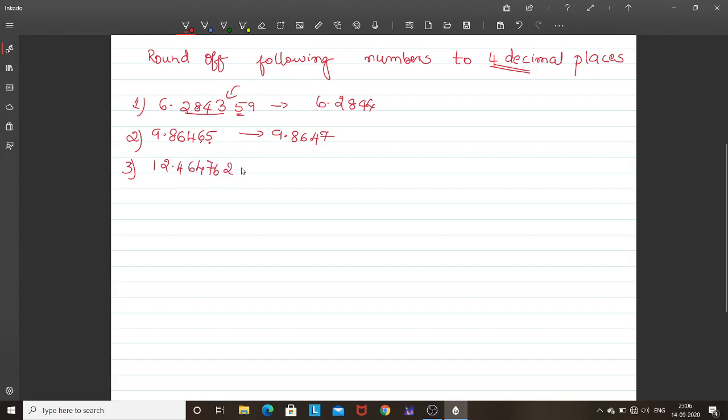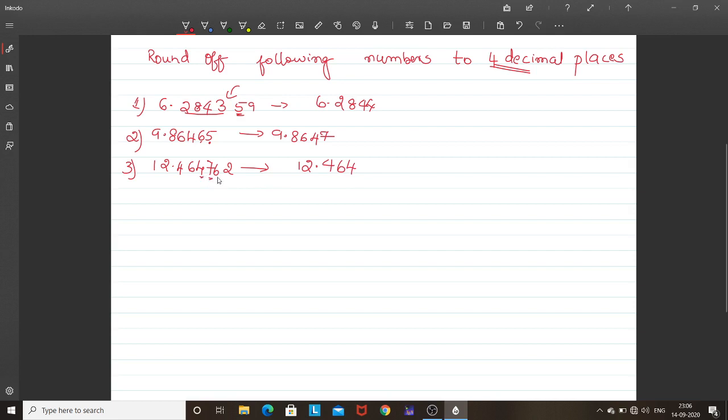Let me see the third problem, 12.464762. I can write 3 digits in the decimal place, that is 4, 6, 4: 12.464. Look into the 4th digit, that is 7.